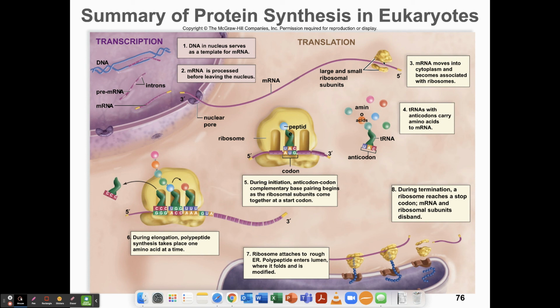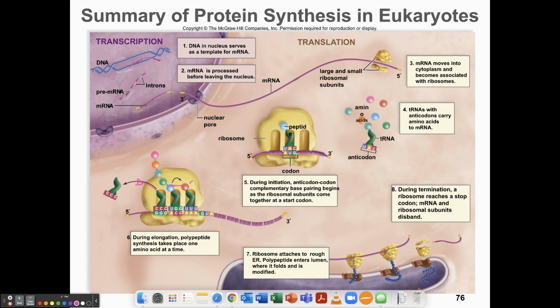Once it's on the ribosome, it is going to read the mRNA in every 3 letters, known as our codon. The tRNA molecule is going to bring the amino acids to our ribosome where it's going to attach to the codon: codon, anticodon, base pair rules here. Then another tRNA molecule will come in, and as we see here, one tRNA molecule is leaving, one is staying, and the next one is entering.